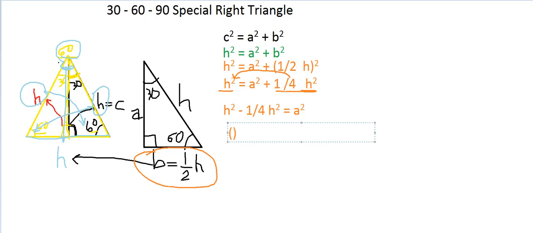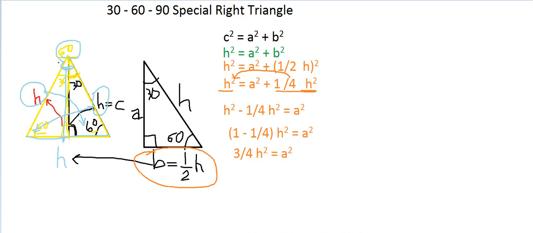This is 1 minus 1/4 of H squared, which is equal to A squared. So how much is 1 minus 1/4? 1 minus 1/4, this is 3/4, right? So this is 3/4 H squared, which is equal to A squared.